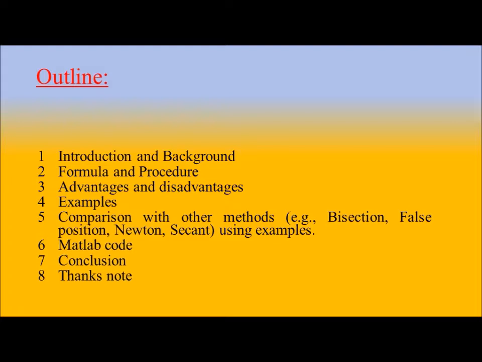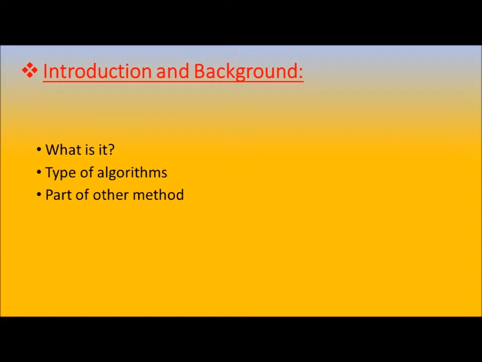And after that, in one example, I will show you the comparison of this method with other methods: the bisection method, false position method, Newton method, and secant method. After that, I will show you MATLAB code for this type of method. At the end, I will present my conclusion. So let's start next.